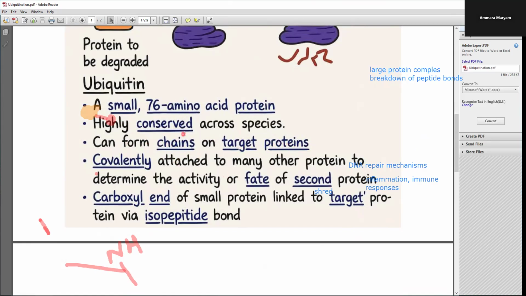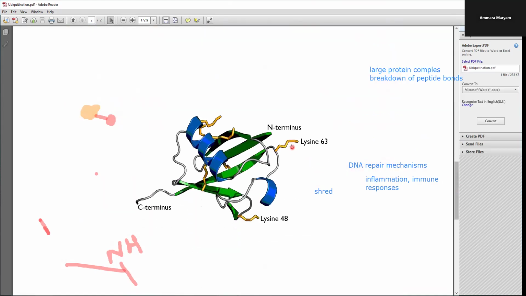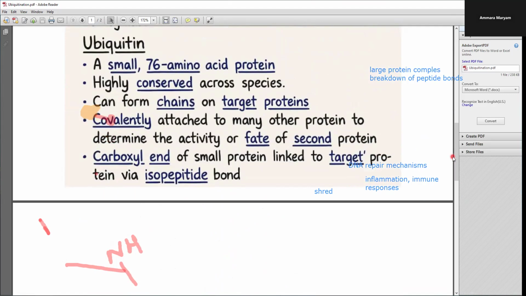Now if a single ubiquitin molecule gets attached to any one of the lysine residues of that particular protein, this is the monoubiquitination, and if multiple ubiquitin proteins are attached to the target protein, then this is referred to as the polyubiquitination, or you can say it is the multi-ubiquitination.